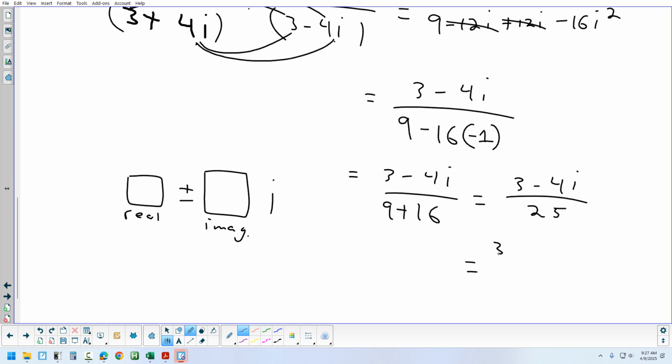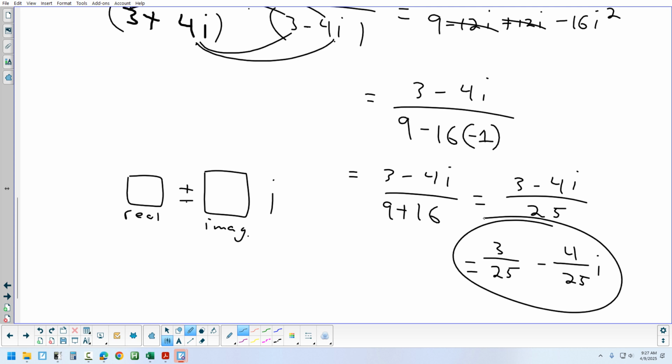The real part is 3/25, and then we have a minus sign because we had a minus sign there. And the imaginary part is 4/25. That's how you write the final answer in standard form. Any question on that?